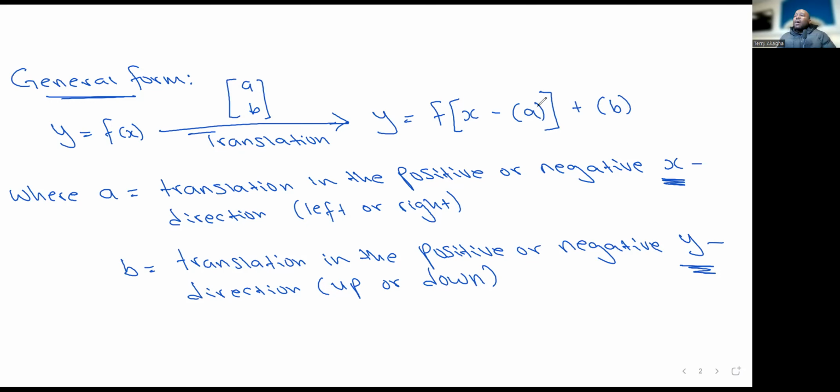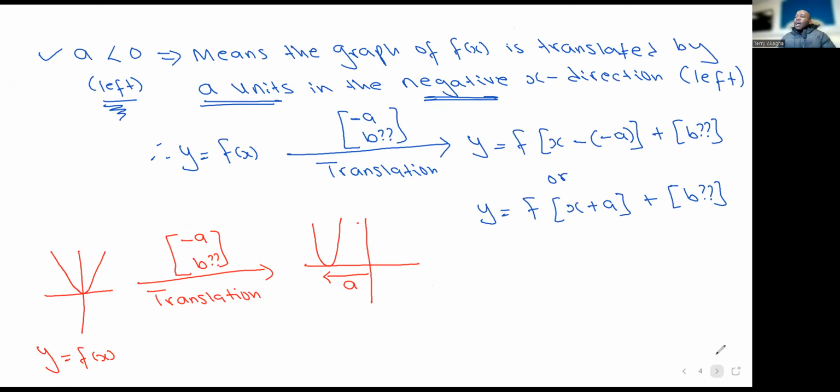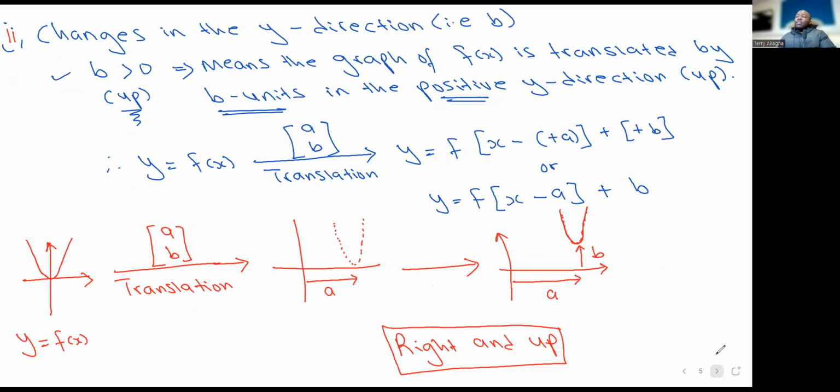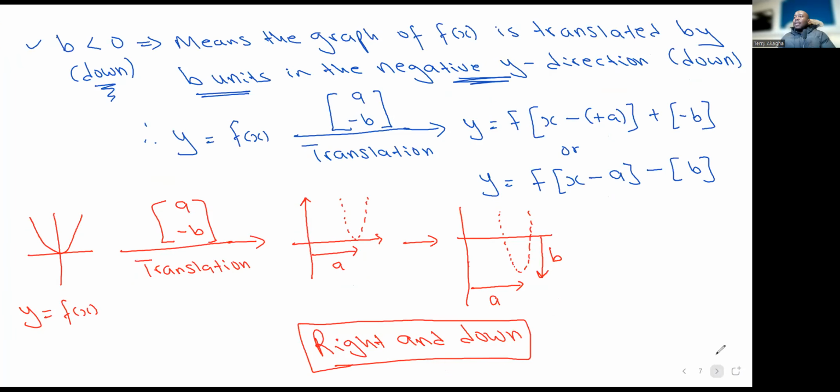The a is talking about the movement in the positive or negative x direction, while the b is talking about the movement in the positive or negative y direction. When a is greater than 0, it means it's moving to the right. When it's less than 0, it's moving to the left. And when b is greater than 0, it means it's going up. And when it's less than 0, it means it's coming down.